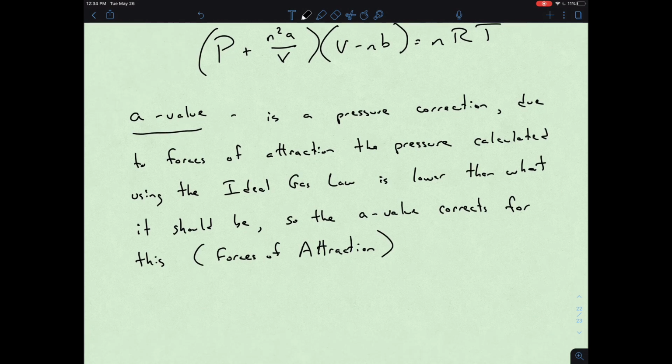The other is the B value. And this is a volume correction.